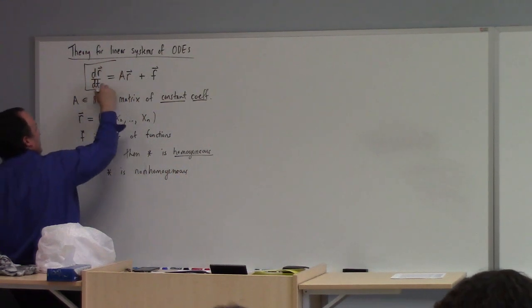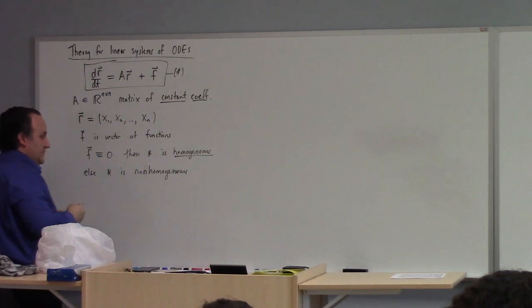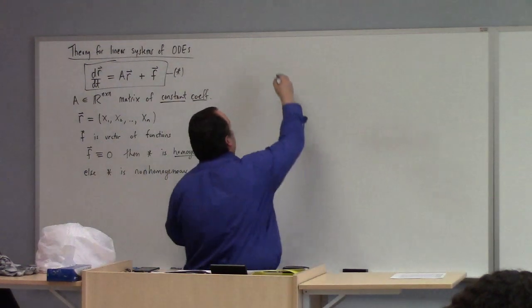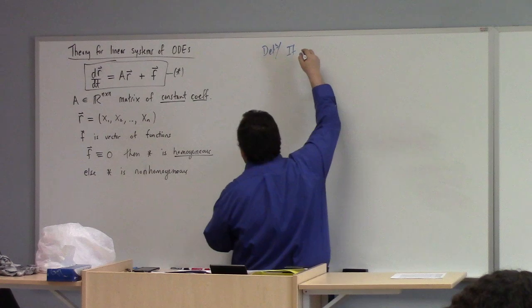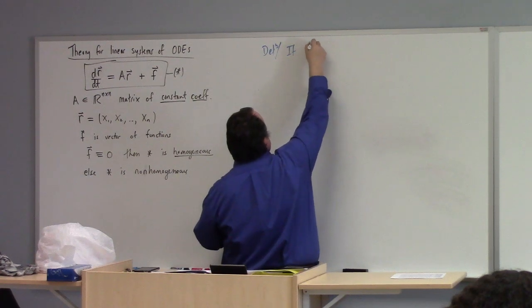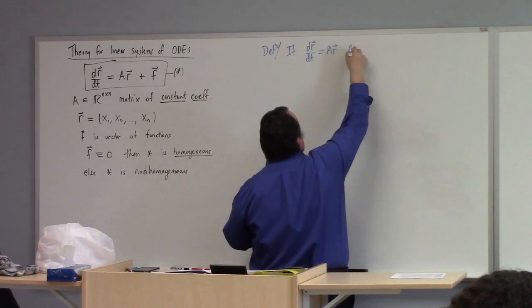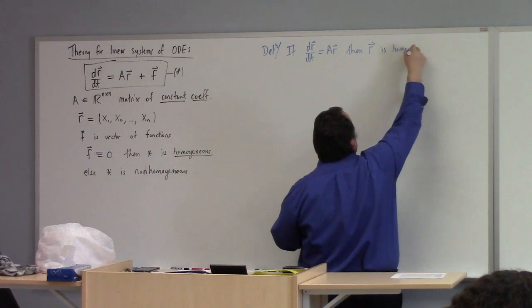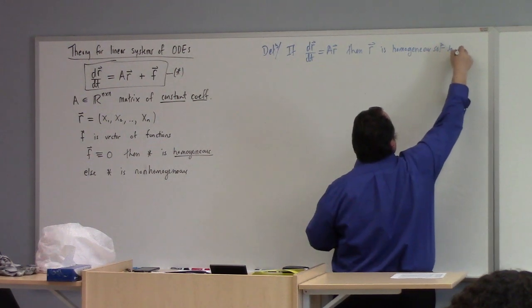So I'm calling this equation up here star, all right? So what do we mean by a homogeneous solution? Like a definition: if dR/dt is just equal to AR, then R is a homogeneous solution to star. All right.